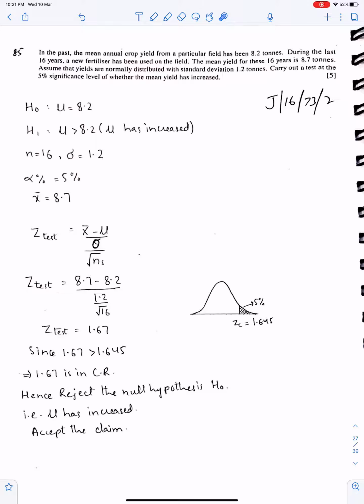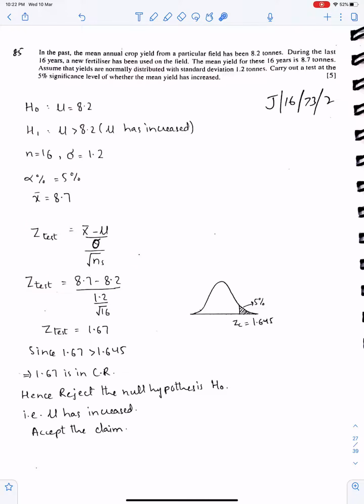Question 85. In the past, the mean annual crop yield from a particular field has been 88.2 tons. This is mu, because measurable quantity means mu. During the last 16 years, this is N. The mean yield for these is 8.7. This is the test value. Assume that yields are normally distributed, standard deviation 1.2. So you have to use this formula.